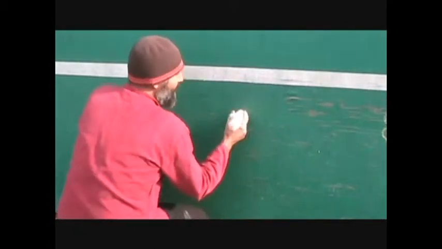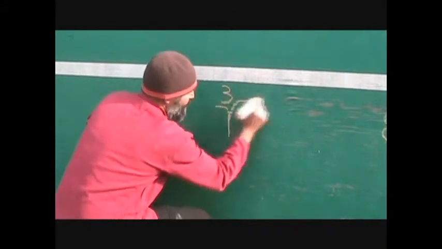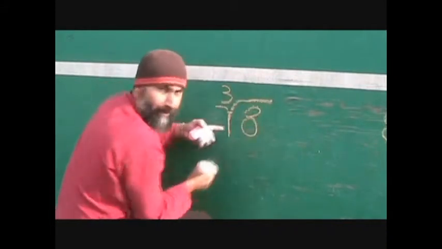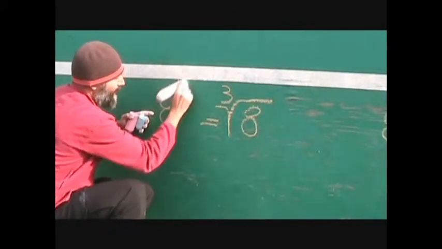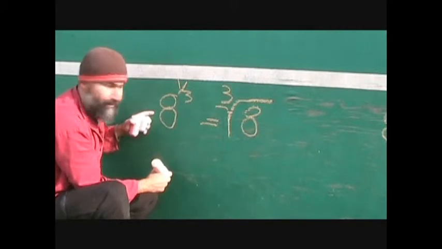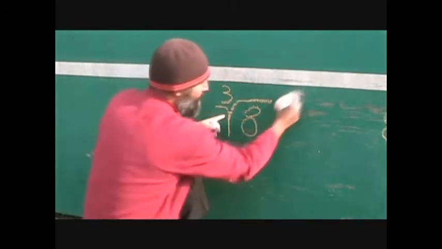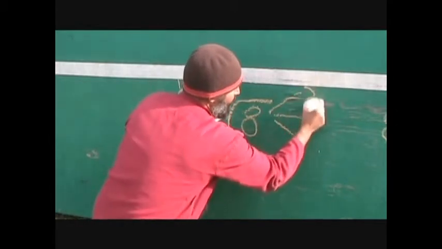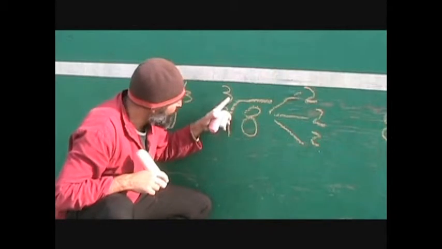So for example, what if you had, what's the cube root of 8? Well, as a power, that would have been 8 to the power of a third, right? So that would be the cube root of 8. Well, 8 you can break down into prime numbers, which are 2 times 2 times 2. In this case, this is a cube root.